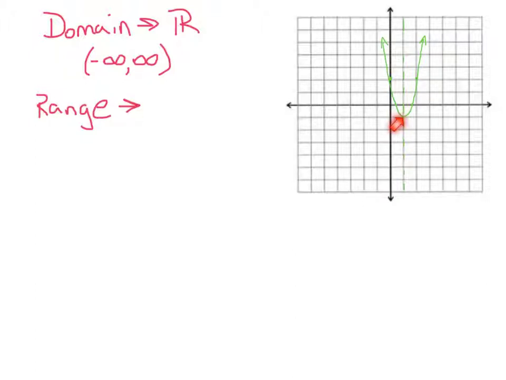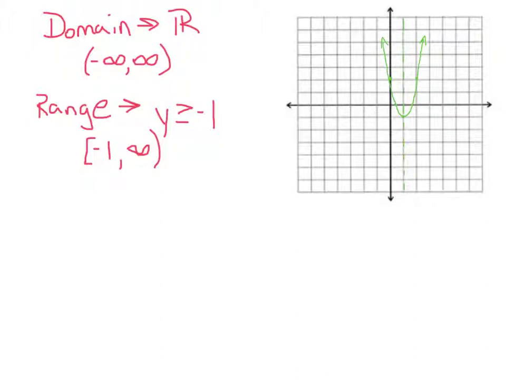So the range is going to be slightly different. It is not all reals. It would be y is greater than or equal to the y value of the vertex, which is -1. If you were using set notation, that would be a square bracket, -1, all the way to positive infinity.